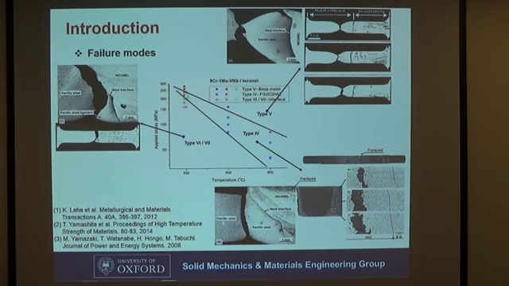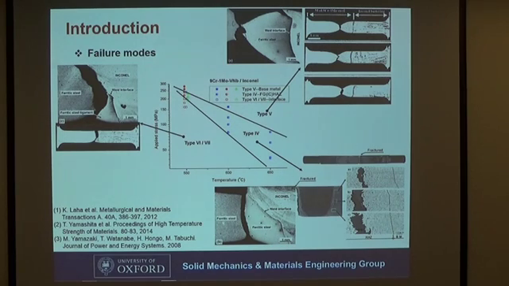A lot of uniaxial creep rupture tests have been done on this type of dissimilar metal weld, where at least one metal is P91. Here is a collection of the failure modes of the tests. I classified them into three. Type 5, which failed at the base metal, type 4, which failed at the heat affected zone, and type 6 or 7, which failed at the interface.